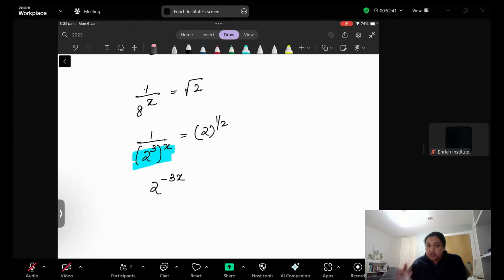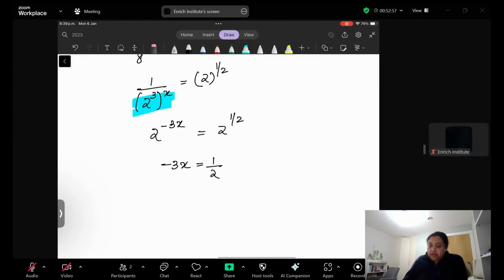Whenever you shift from the numerator to the denominator or denominator to the numerator, you have to change the sign. That is 2 to the power of minus 3x is equal to 2 to the power of 1 over 2. Now the base is the same, so I can write minus 3x is equal to 1 over 2, or x is equal to 1 over minus 6, or minus 1 over 6.